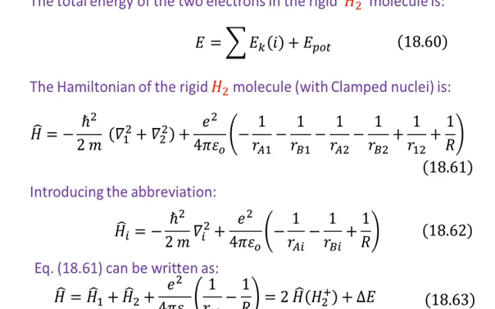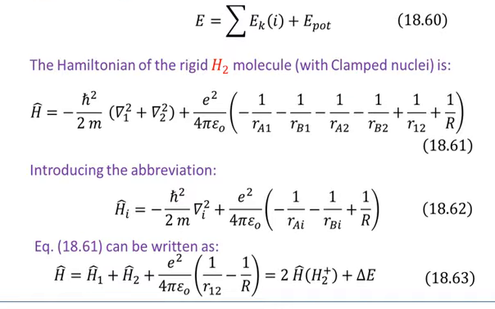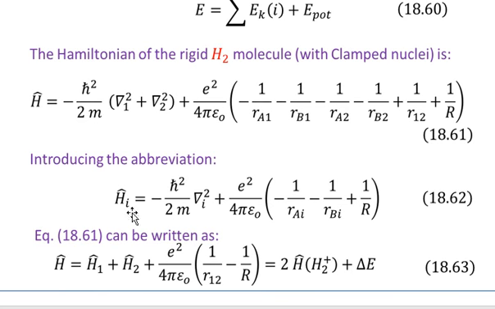Now let's simplify this by introducing the abbreviation that the Hamiltonian H_i is equal to minus h bar squared over 2m del_i squared.